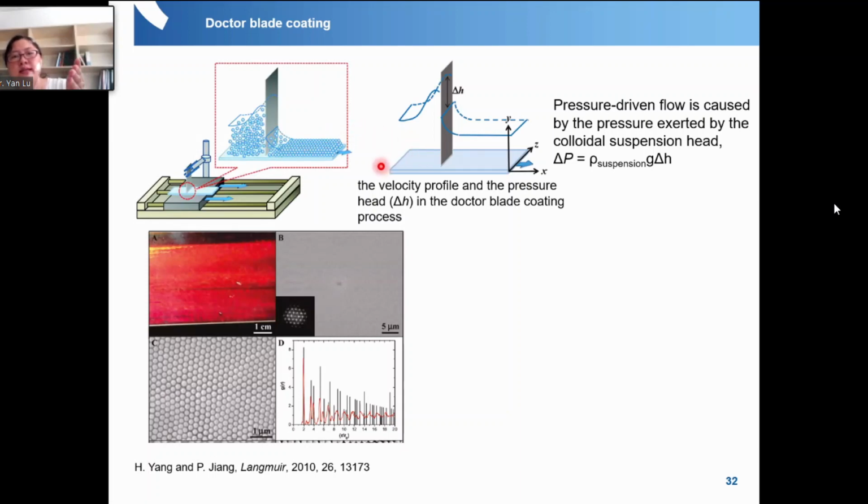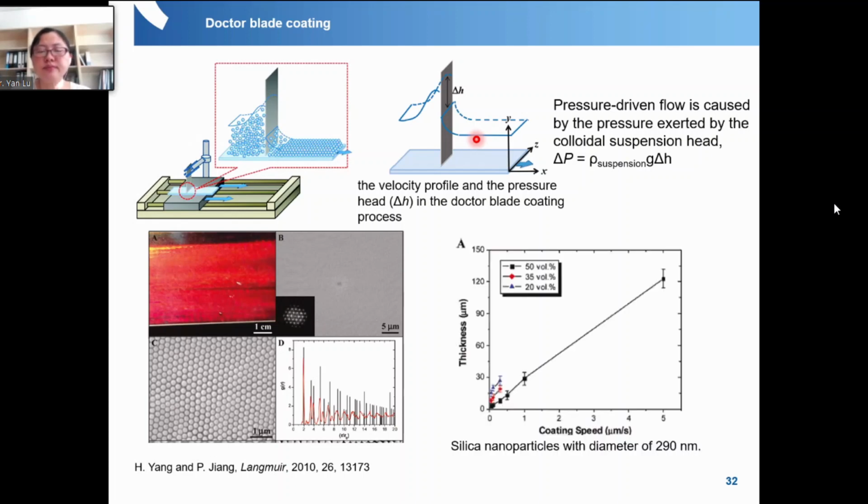In that case, because you move this doctor blade, it forms a kind of pressure on both sides, so you get a different pressure on each side. And this external pressure helps to form a kind of colloidal crystal film.